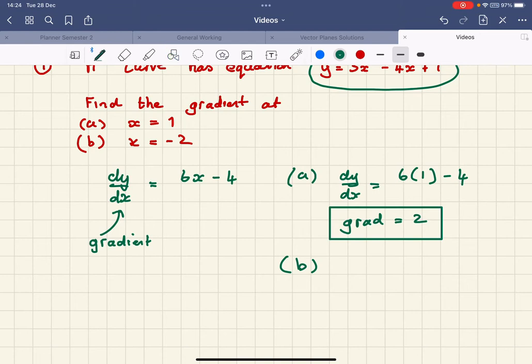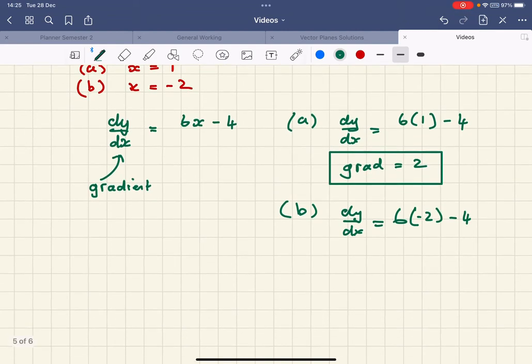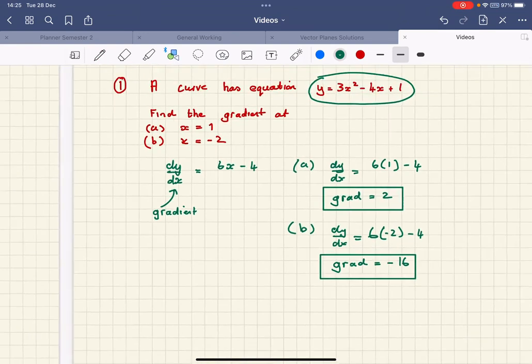Now for our second answer, we will need to make it minus 2. So we've got dy by dx, and it's 6, and this time we're making x minus 2, minus 4. So that's going to give minus 12, and then take away 4 gives me minus 16. So once we've differentiated, finding the gradient, we just have to substitute in those values.